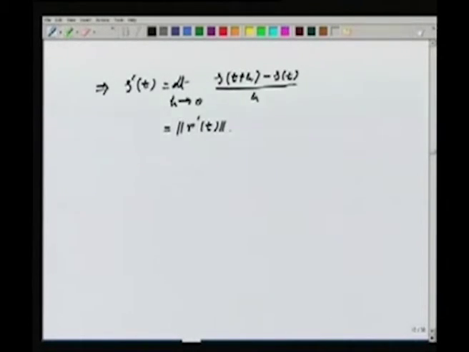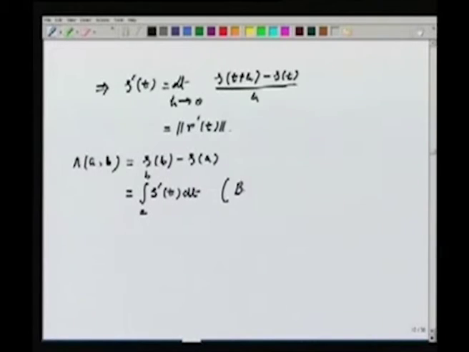Now this has some interesting consequences, which is precisely what we want to look into. If I look at now lambda(a,b), what is lambda(a,b)? According to my notation it is s(b) minus s(a). But this then, by the second fundamental theorem of calculus, is integral a to b s prime t dt.